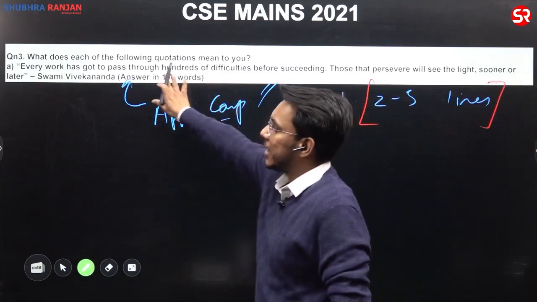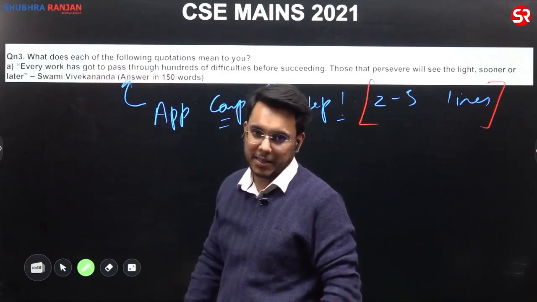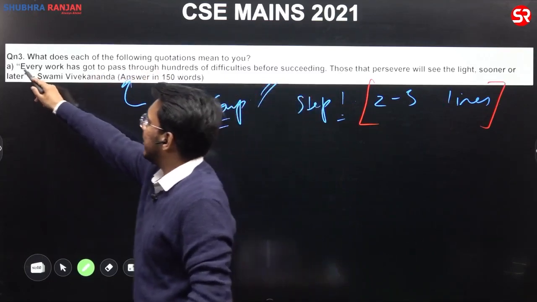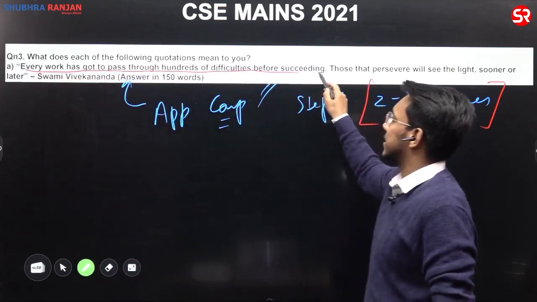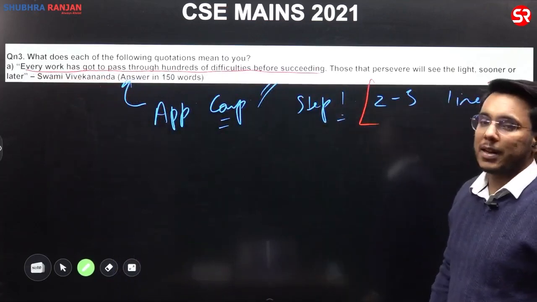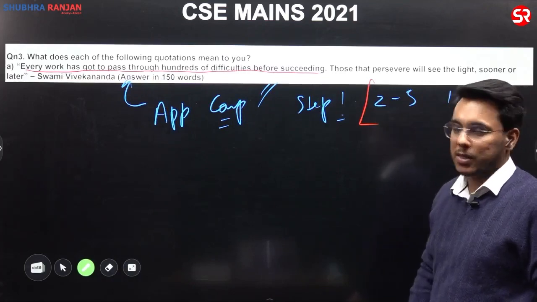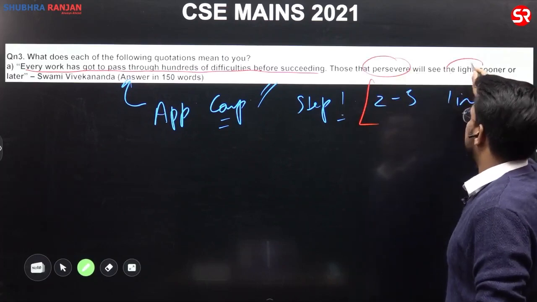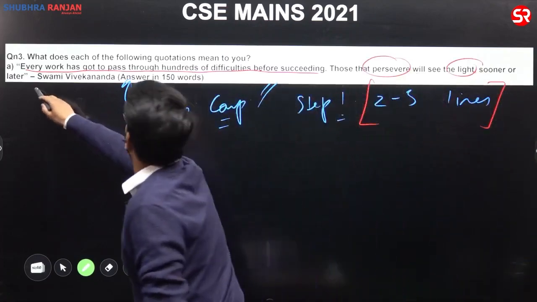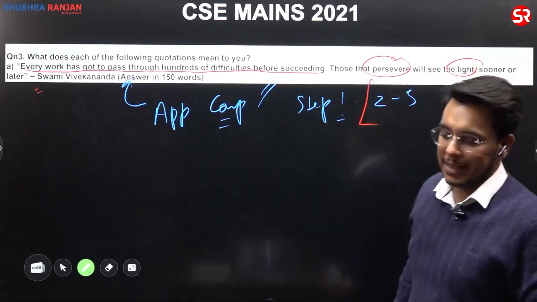Now, if we read the quote in question number 3A, this is a quote by Swami Vivekananda. It says, every work has got to pass through hundreds of difficulties before succeeding. Those that persevere will see the light sooner or later.